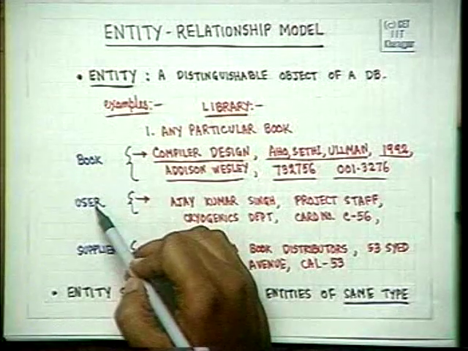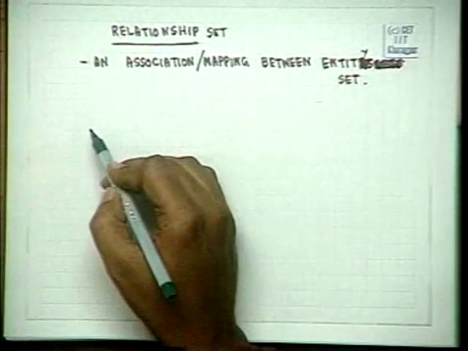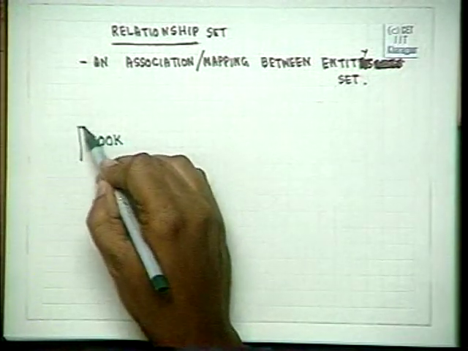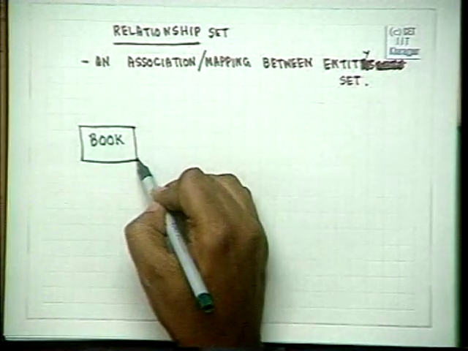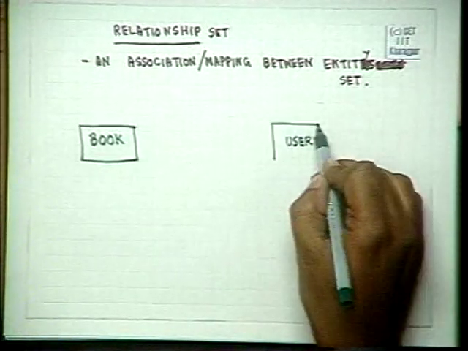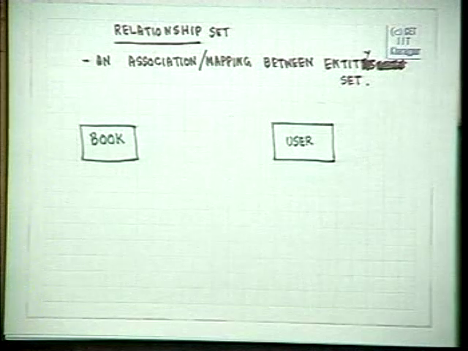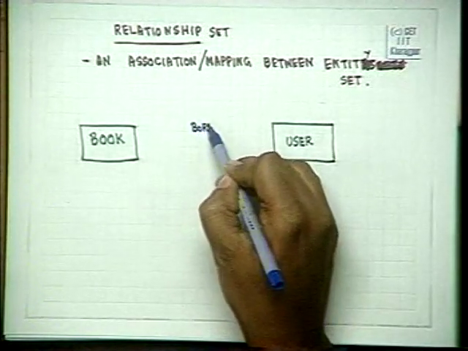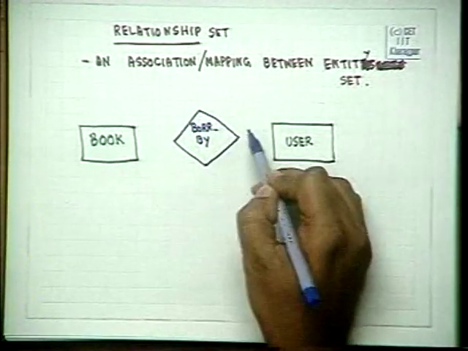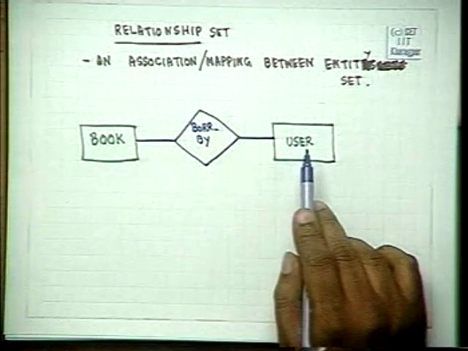In the book and user, we had defined the concept of this relationship. We had the book entity. We diagrammatically represent it like this, as we had seen in the previous day. And we say this is the set of relationships from book to user relating those books which have been borrowed by a particular user.